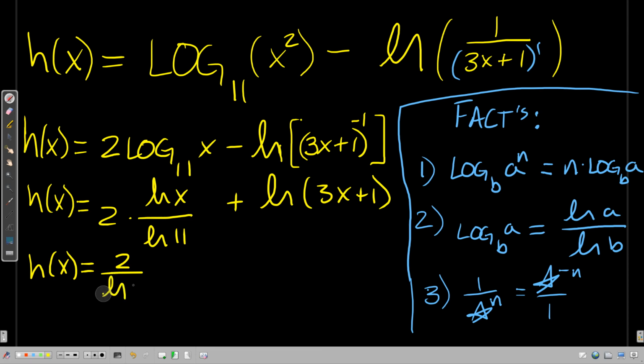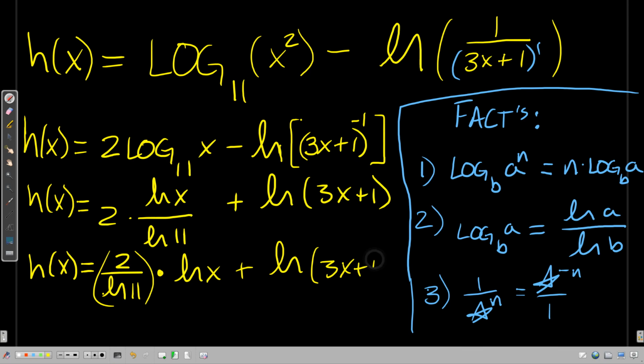Here's my constant, 2 over natural log of 11, times this function, natural log of x. It's a constant times a function. And then I have this other function, natural log of 3x plus 1. This guy would need a chain rule. This guy don't need squat. We know the natural log of x. The derivative of natural log of x is 1 over x.